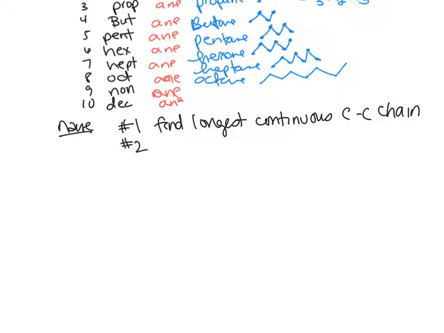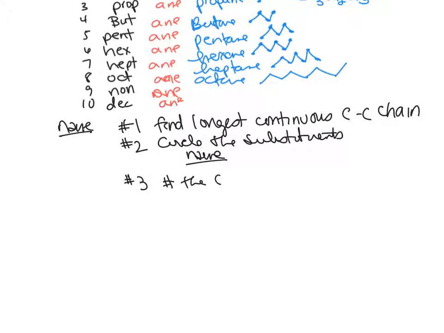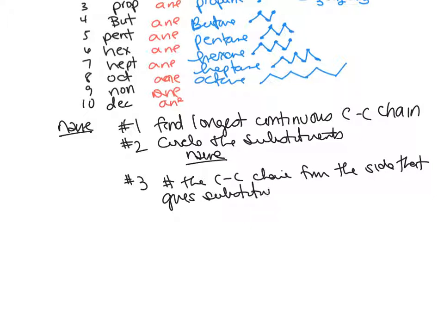Number 2, I like to circle the substituents, and then go ahead and name those substituents. Number 3, we're going to number the carbon-carbon chain from the side that gives your substituent the lowest number.